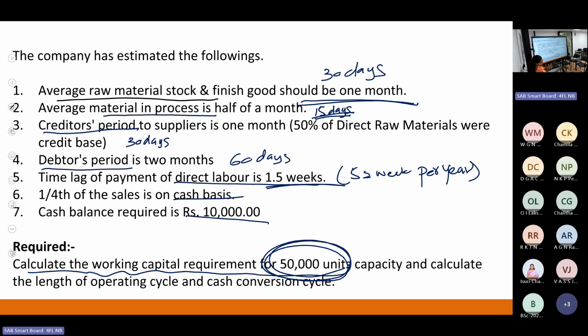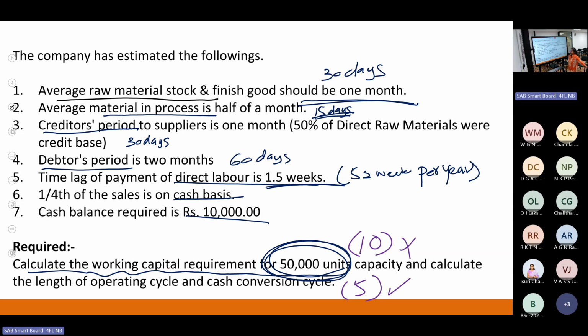The question has two sections. The first one is to calculate the capacity, and then calculate the length of the operating cycle and the cash conversion cycle. In the examination you may be given 10 marks for the first, and only 5 marks for calculating the operating cycle and the cash conversion cycle. So don't start with the long one, start with this one.